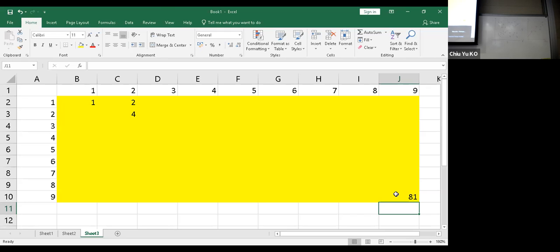If you're getting a big number, then you must be doing it wrong, because you know this multiplication table.